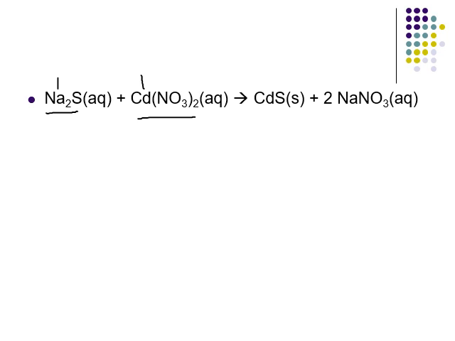So the sodium will now be with the nitrate, as we see right here. Sodium is a +1, nitrate's a 1-, so we need 1 of each. And the cadmium 2 is going to be with the sulfur. Cadmium 2 has a 2+. Sulfide's a 2-, so 1 of each is needed.